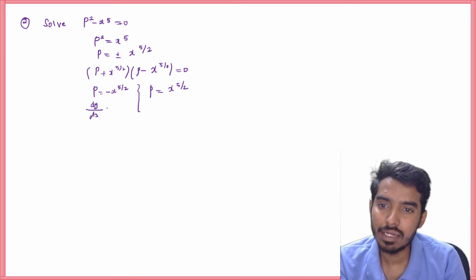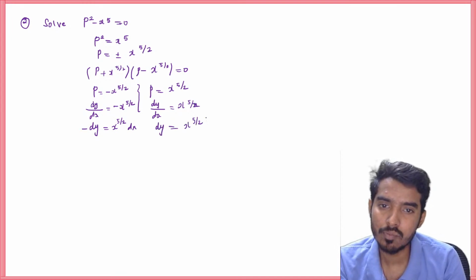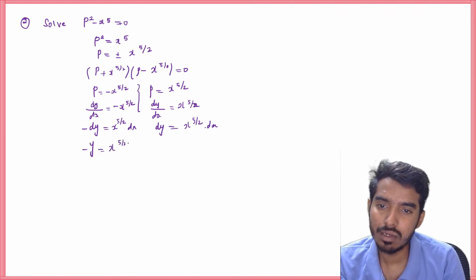We have dy by dx equal to x power 5 by 2. So we have dy is equal to x power 5 by 2 dx, right? Or minus dy. Here we have dy is equal to x power 5 by 2 dx. Now integrate this. So we have minus y is equal to x power 5 by 2 plus 1 by 5 by 2 plus 1 plus c.